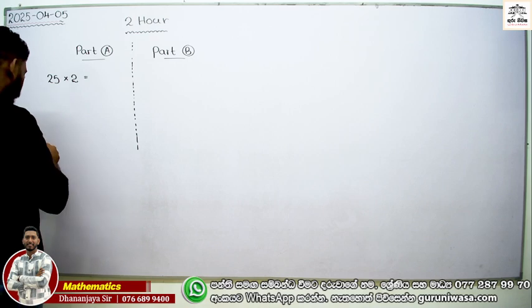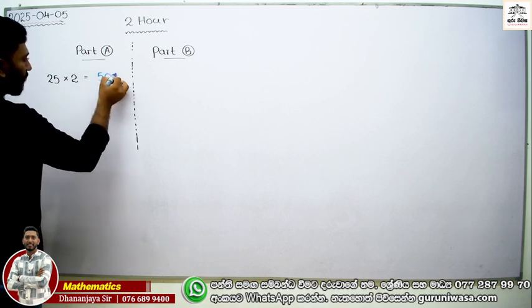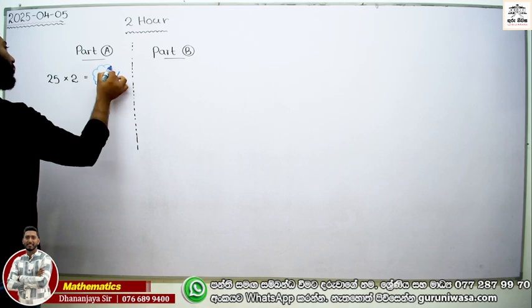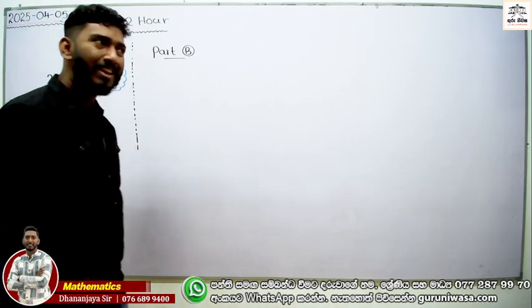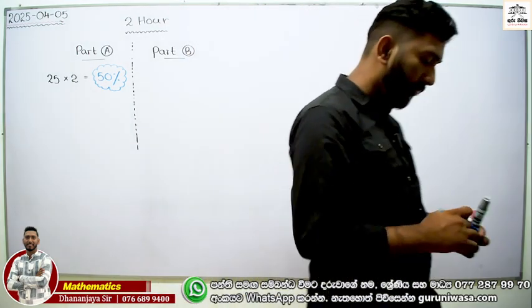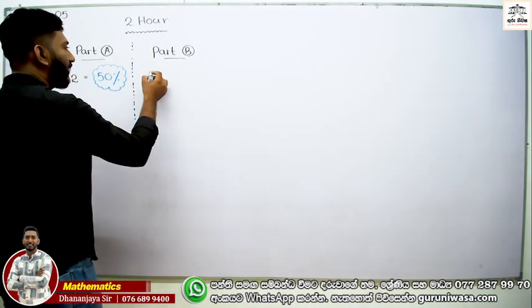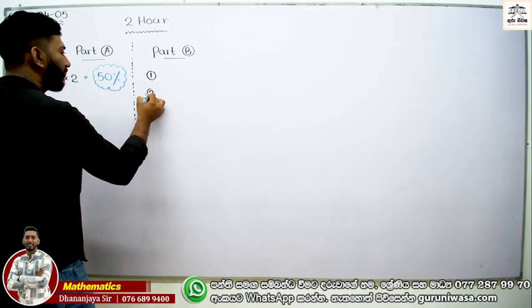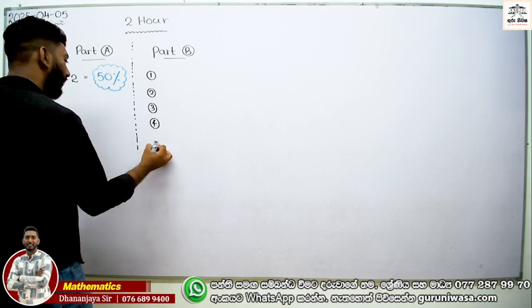Therefore, totally 50 marks, 50% for part A. As well as in part B, there are 5 structural questions, like fractions, area, perimeter, Venn diagrams, pie charts, right? 1, 2, 3, 4, 5.